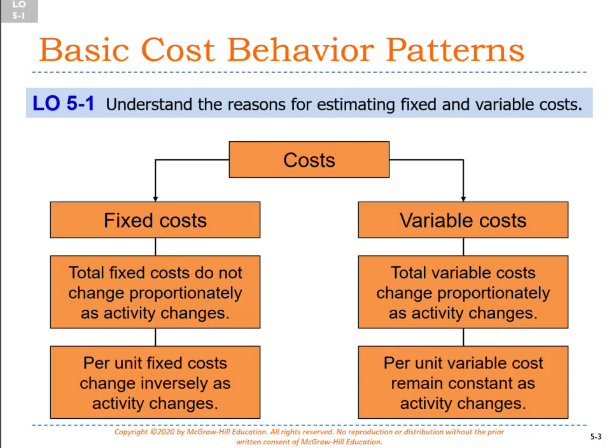Remember, fixed costs can change, but not because of volume. And then on the per unit side, it goes the opposite, right? Because fixed costs, as you make more of stuff, the cost itself doesn't change, but the number of units that can absorb that cost goes up, and so the amount of cost per unit goes down, but per unit variable costs tend to stay the same.